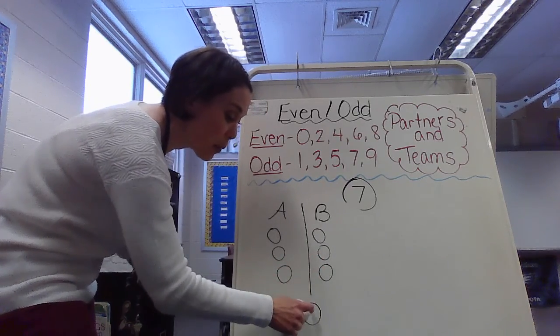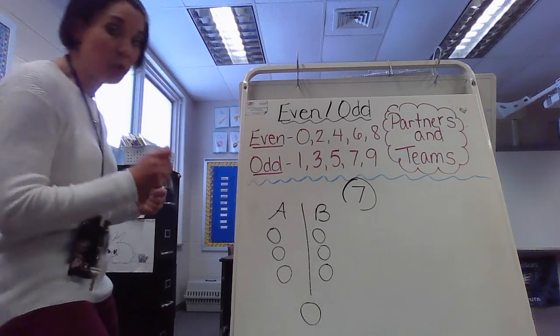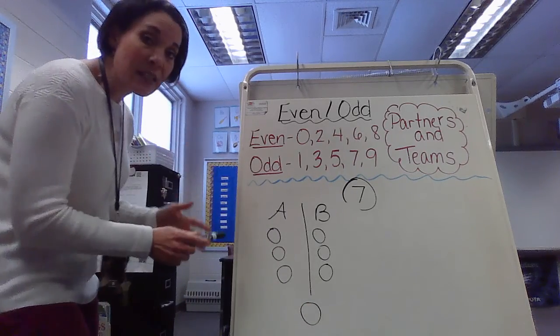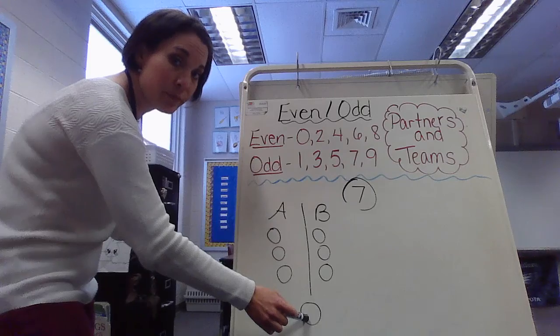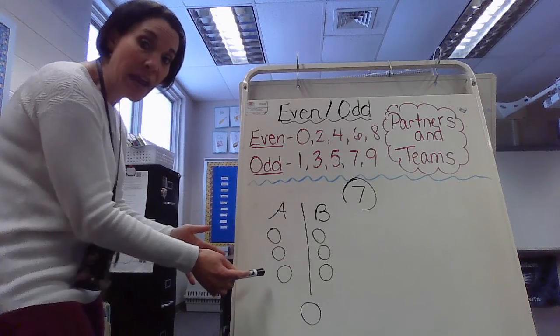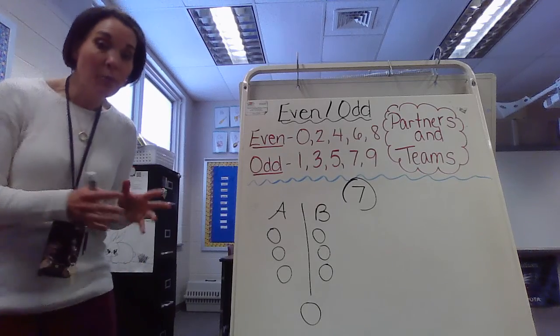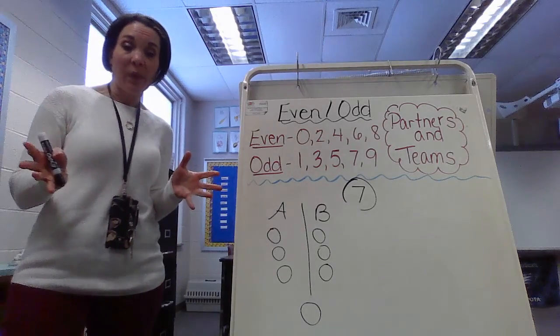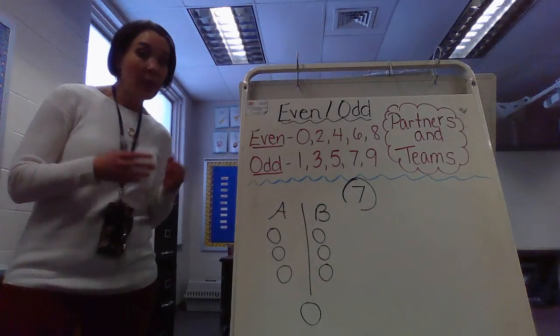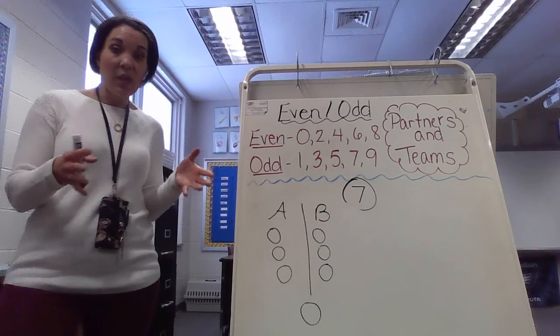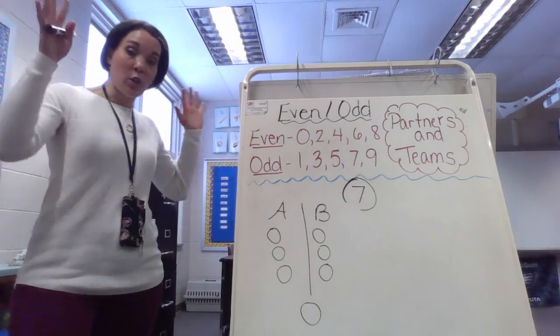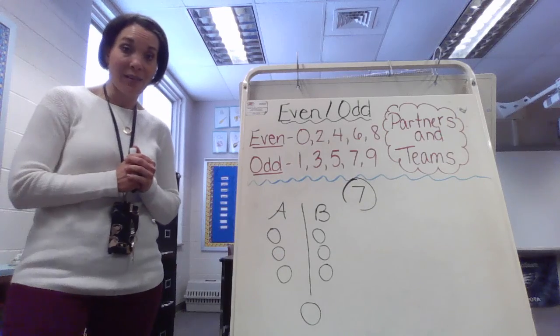I like to put my extra down below because this person is going to have to go to team A or team B. It all depends. Sometimes, depending on whether the number of people in your group is even or odd, teams work out perfectly with the same exact number on both sides.